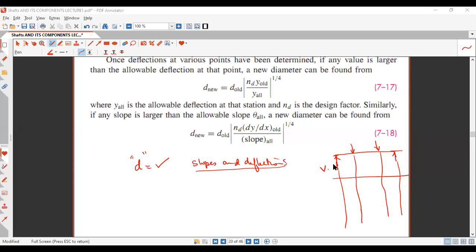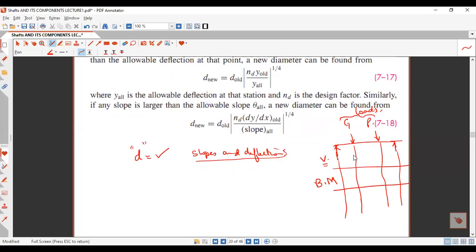Yes, sir, we can. Okay, so let's say this is a gear and a pulley over here, and basically these are loads on the shaft, right? So what we do over here is we find out the shear force V. We will also find out the bending moment, which is your M, and then you will find your deflection Y and your slope over here.